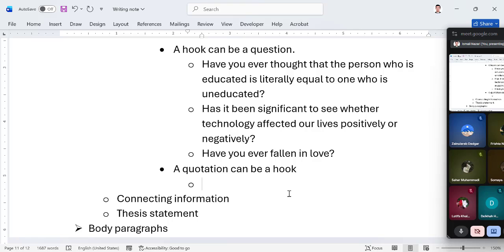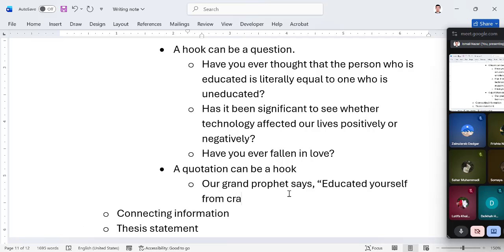Think if it is about the importance of education, we might quote. For example, we might say our grand prophet says, and then we put a comma, we open the quotation: educate yourself from cradle to the grave.